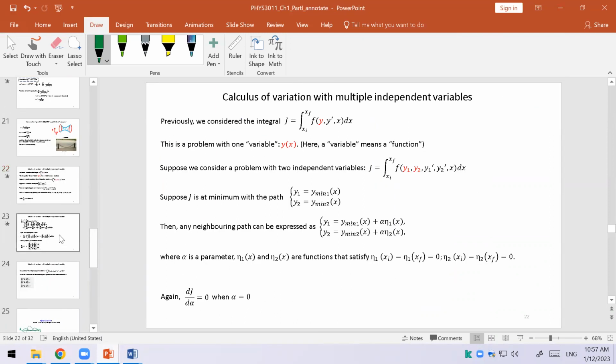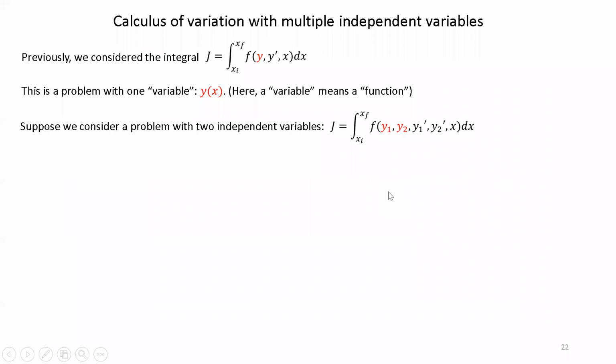That is the one last piece I need to go back to: in fact, calculus of variations is also capable of dealing with the case where you have multiple independent variables.